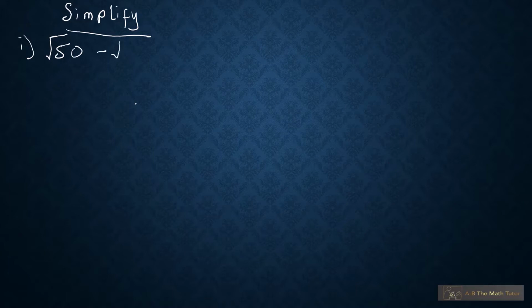So let's look at the first example. Let's get right into it. So it says simplify square root of 50 minus root 2 minus 2 root 18 plus root 8.